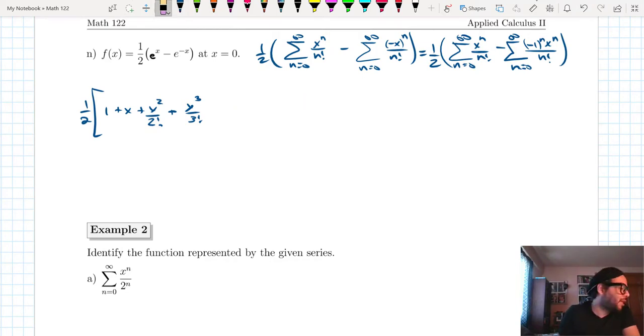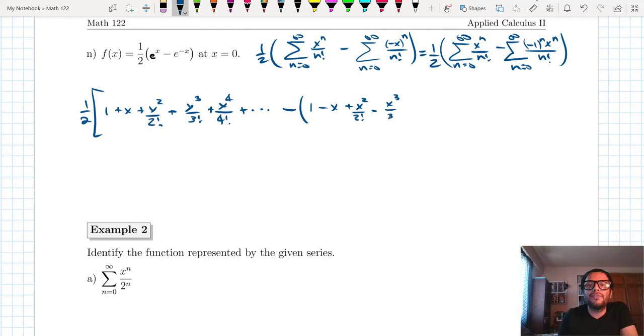Let me add a couple more, plus x to the 4th over 4 factorial. Typically we don't go that high, but in this case we will need it, plus dot dot dot. And then minus the series representation for this one, that is 1 minus x plus x squared over 2 factorial minus x cubed over 3 factorial plus x to the 4th over 4 factorial plus dot dot dot.